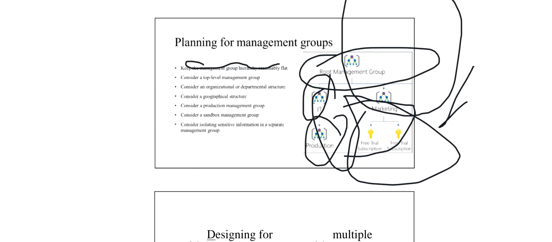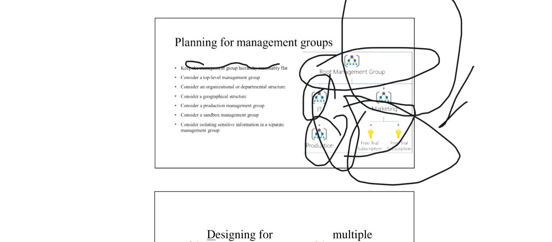Some design considerations: consider an organizational or department structure. Maybe different departments have their own subscriptions and are going to be managed independently, so you'd have a management group per department.